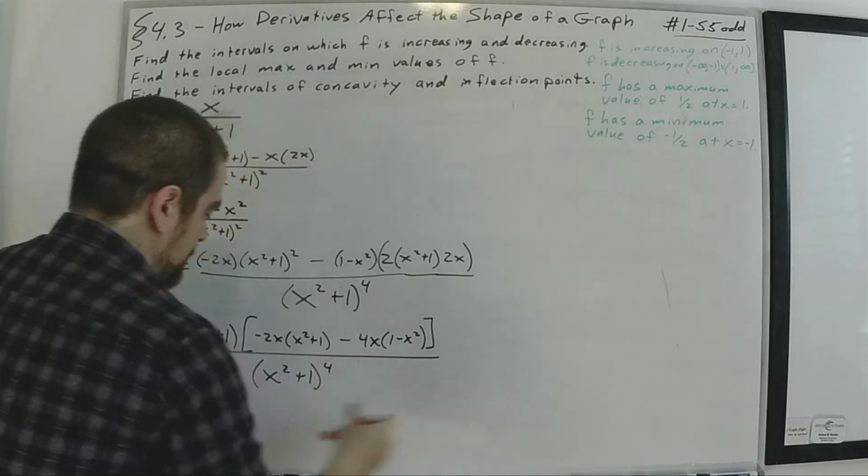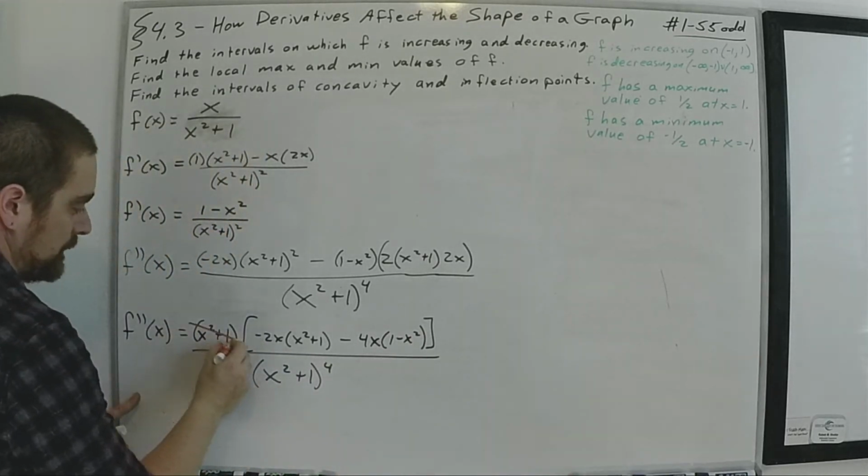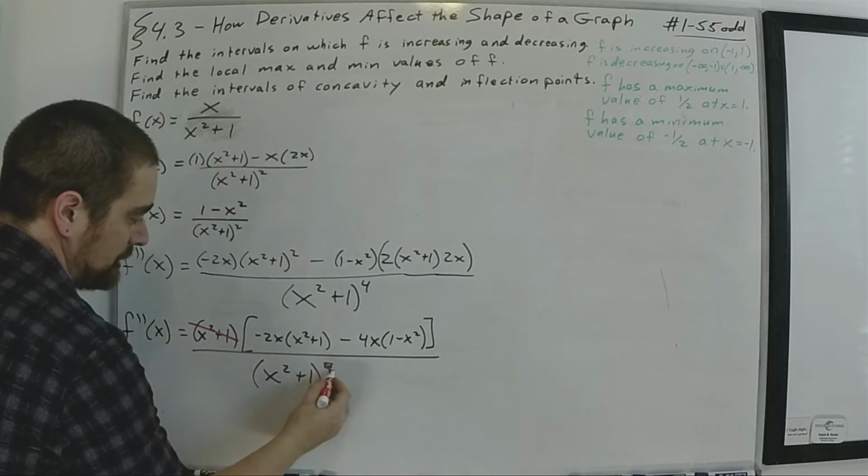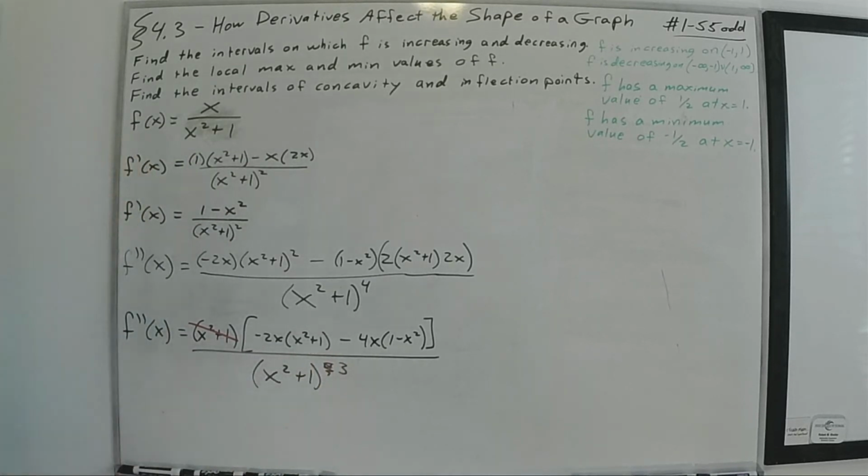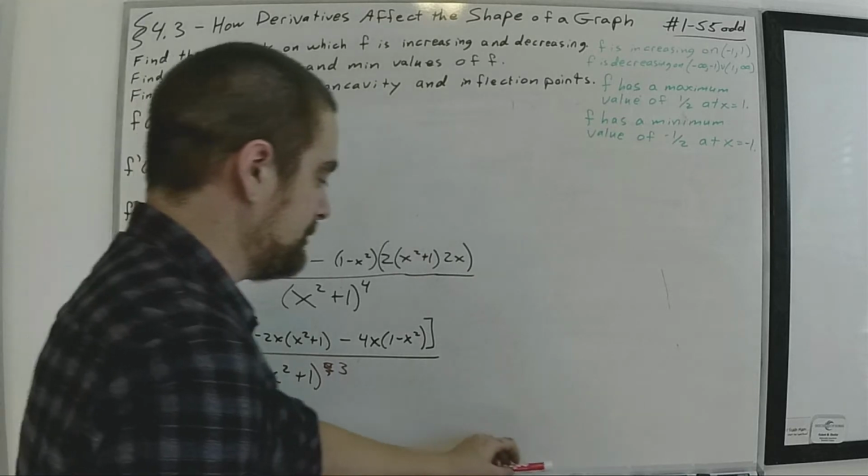Now I can get rid of x squared plus 1 as a factor, and then just stare at it as a cube factor in the denominator.